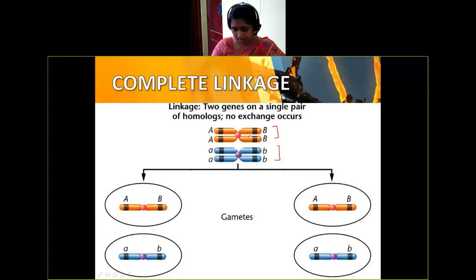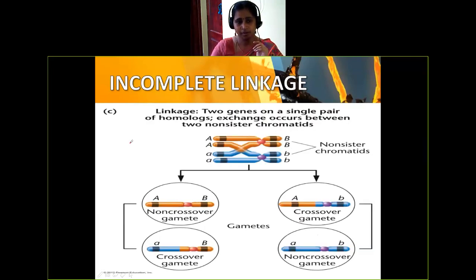Next figure, incomplete linkage. Observe carefully, there will be a crossing over of the arms of the chromosome. Already we would have discussed this in meiosis. This occurs in meiosis.